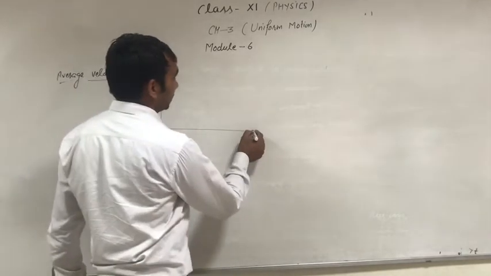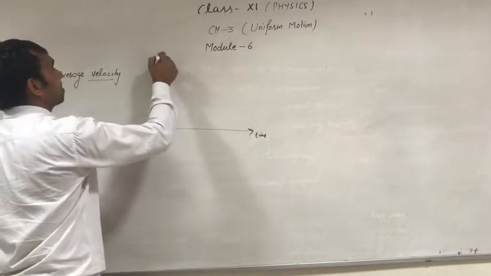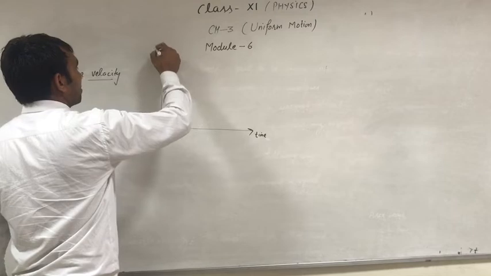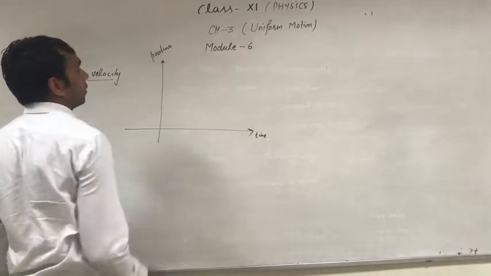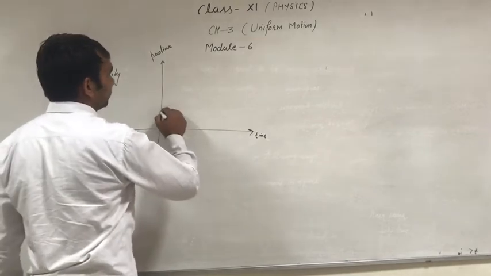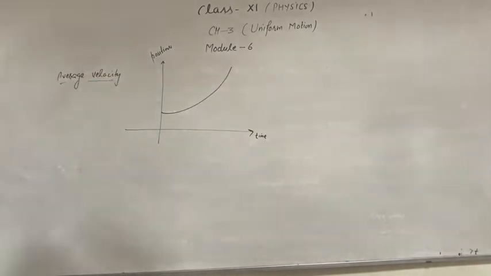This is the time axis and this is the position, and the object is moving with a variable velocity.